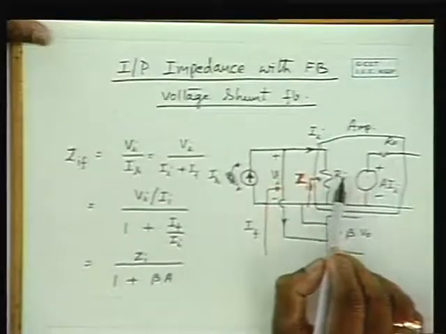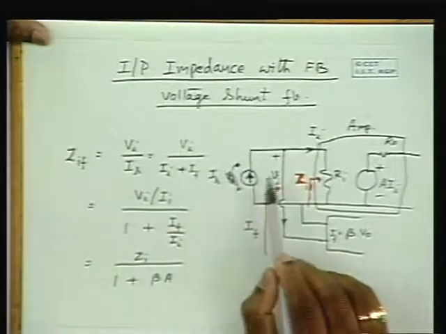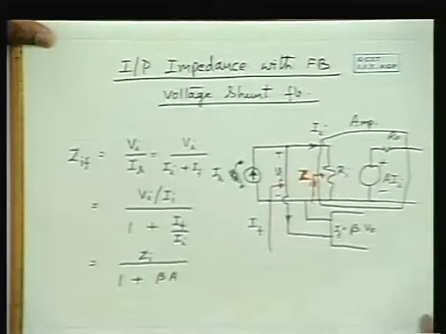And I repeat, input impedance is very important from the point of view of matching with the source and loading of the source. From both the power transfer from the input to the amplifier and the loading points of view, input impedance is very important.